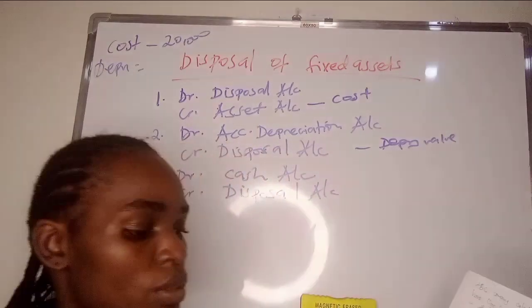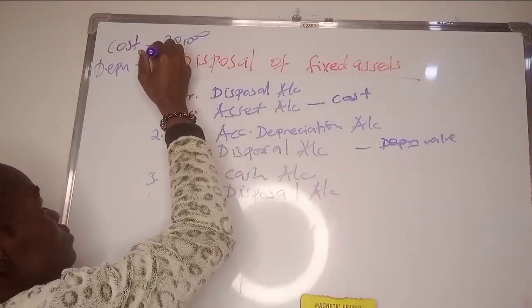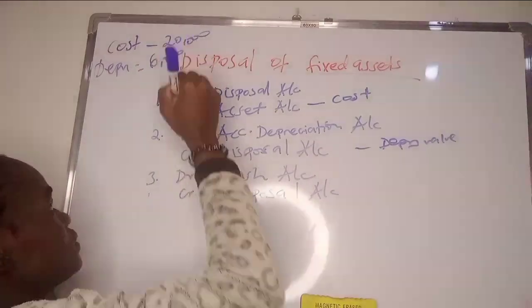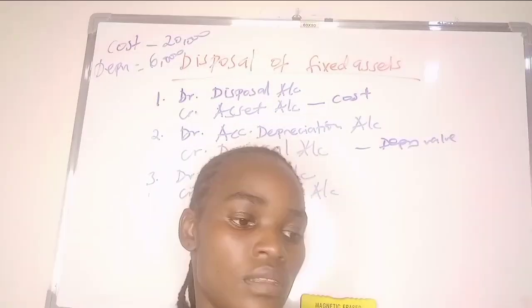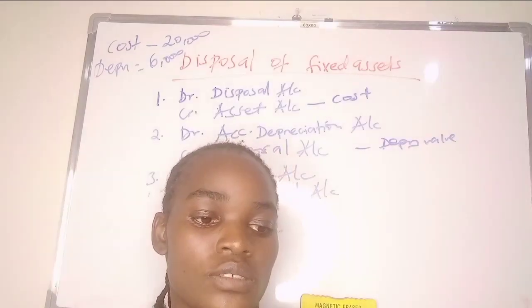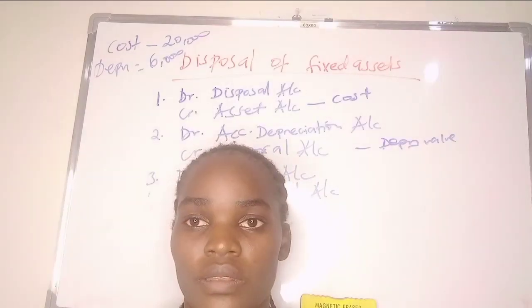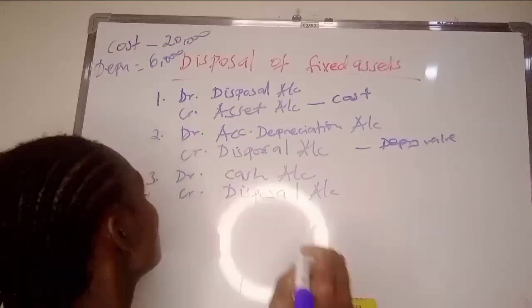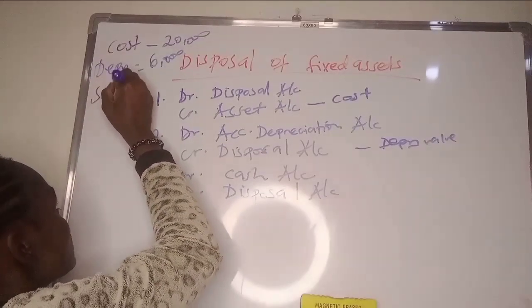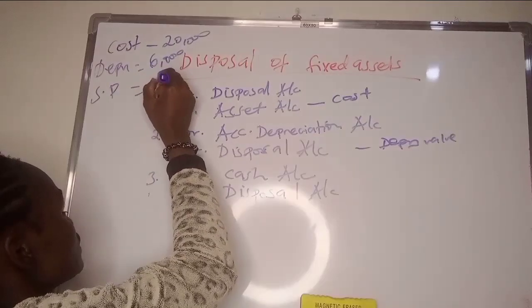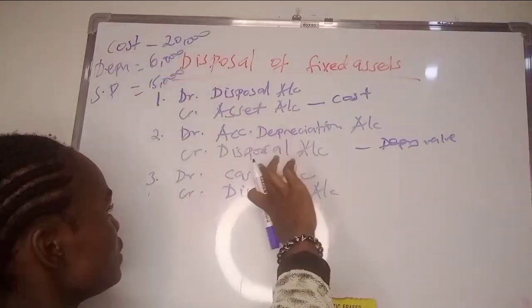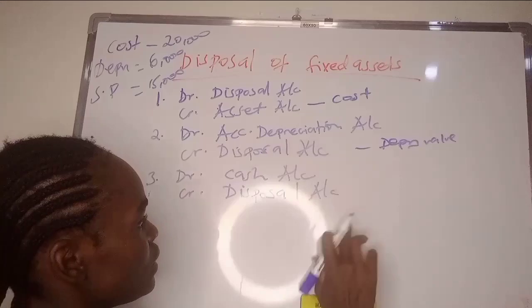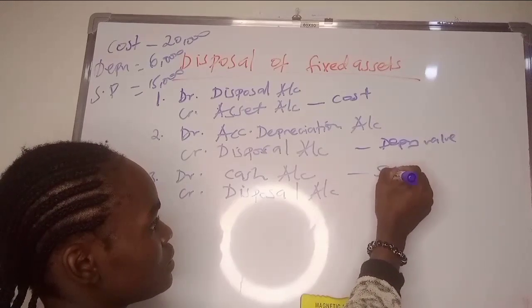So it will be 2,000 times 3, which is 6,000. Then it was sold for 15,000, so the selling price is 15,000. On the third entry, we use the selling price.